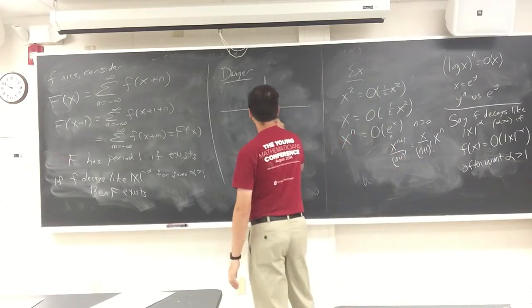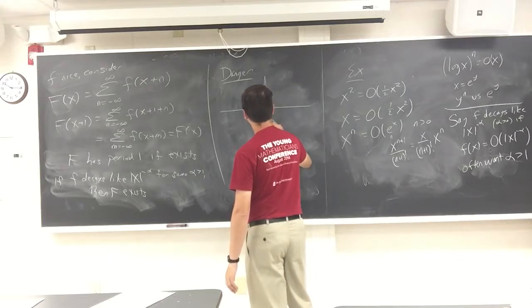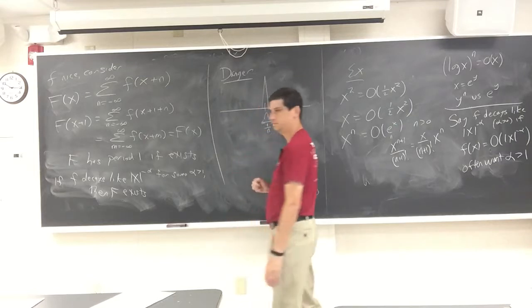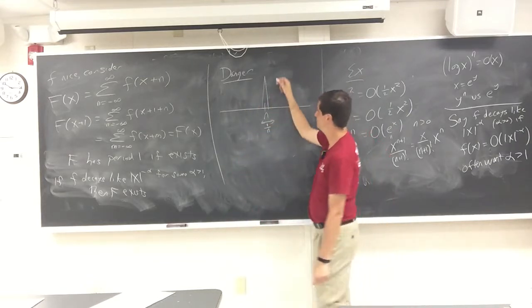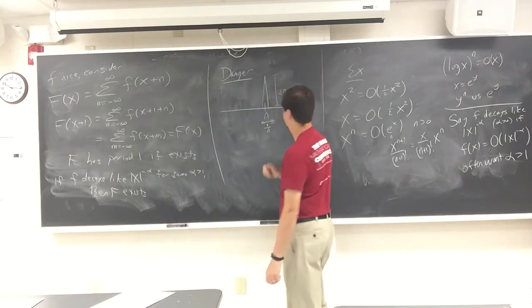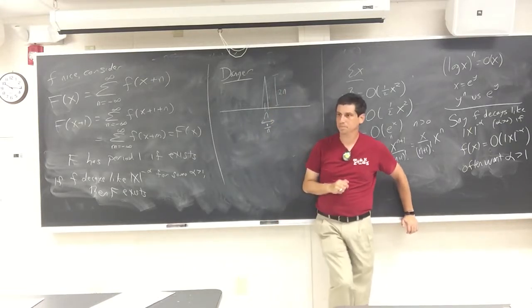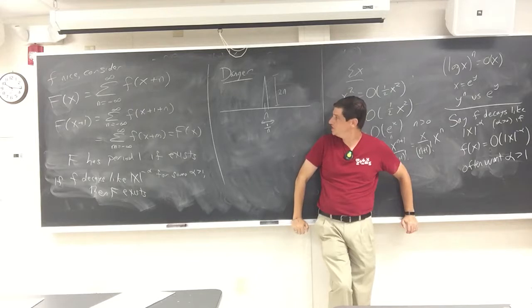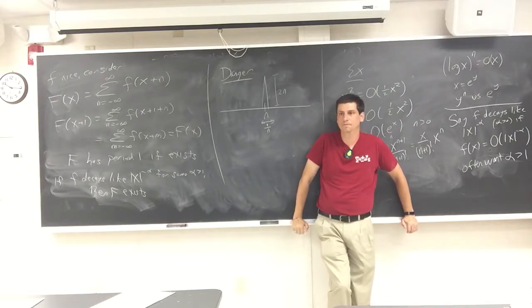So let's have this window over here be of size 1 over n, and let's have this height be 2n. So if we look at the area under this curve, each one of these is going to have area 1.